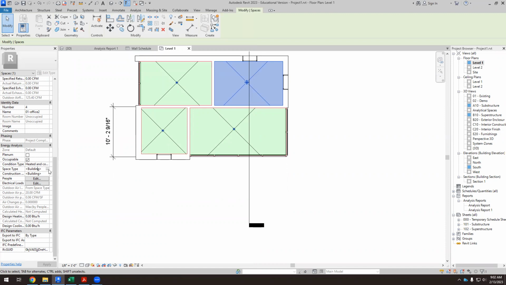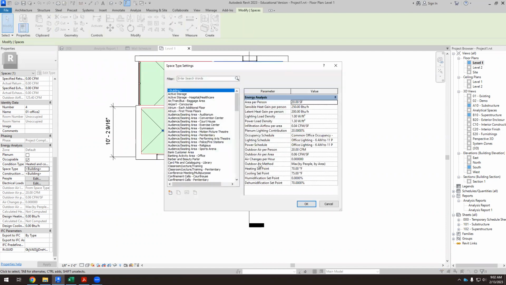I think in space type, here we have air changes per hour. We do have infiltration. So we have infiltration, airflow per area. So it's 0.04 CFM per square foot.